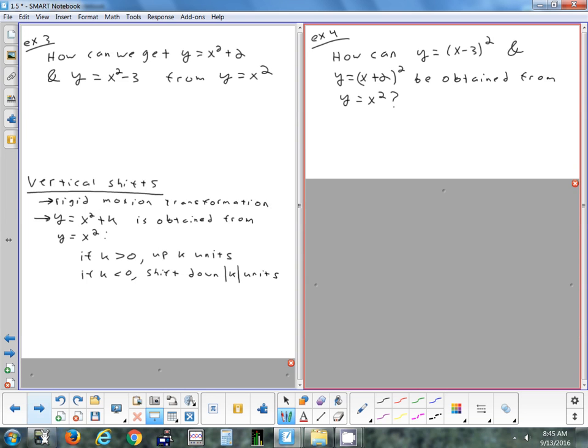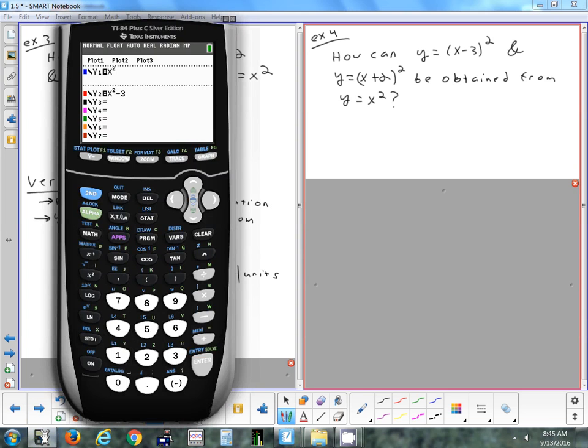Okay, so if h is a value that's greater than 0, you're shifting, well, there's two ways you can think about it. You can think about your problem like this. Let's say like x minus 3. And just remember that it always does the opposite of what you would think. Or you can think about it like that.